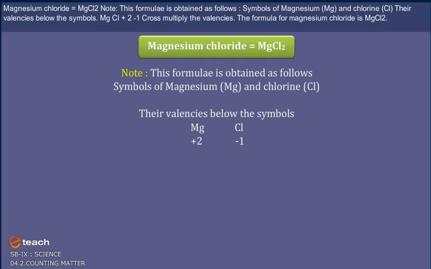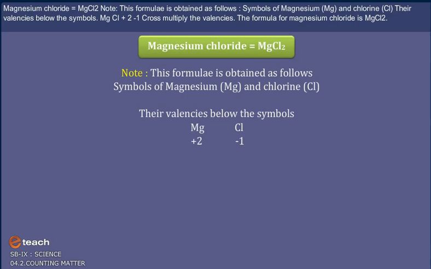Note: this formula is obtained as follows. Symbols of magnesium, that is Mg, and chlorine, that is Cl. The valencies below the symbols.